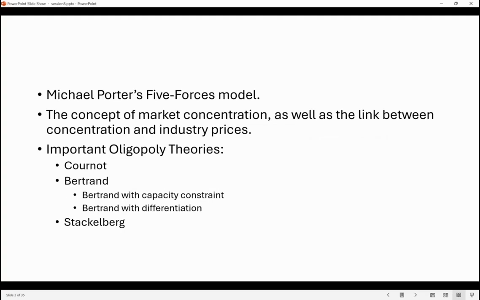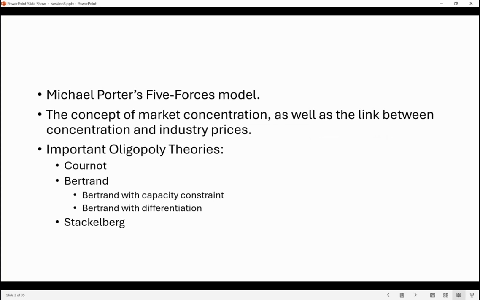So for today, first we are going to have a quick review of the five forces model, which tries to determine how a market would be oligopoly based on different dimensions of a market. Then we are going to review concentration ratio and concentration index that determine to what extent a market is concentrated, to what extent the market is monopoly, oligopoly, or perfect competition.